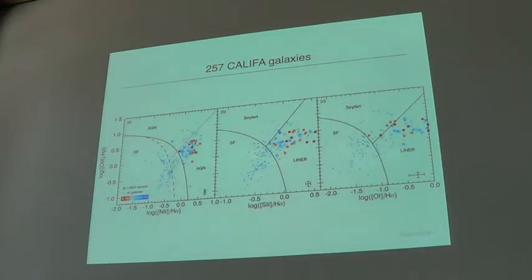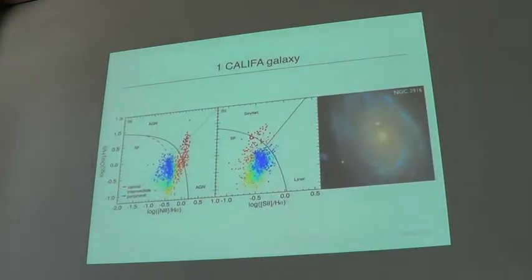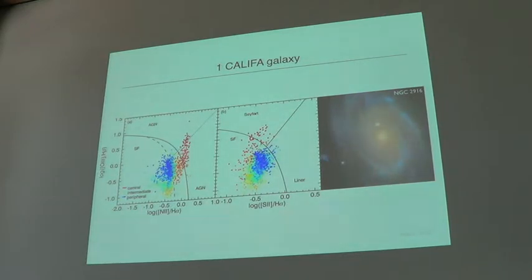And now comes the beauty of integral field spectroscopy. We can pick any galaxy in here and look at it in detail. Let's pick one from here. Take one CALIFA galaxy, and you see for this galaxy, NGC 2916, it has again activity in the center and star formation in the outer parts.